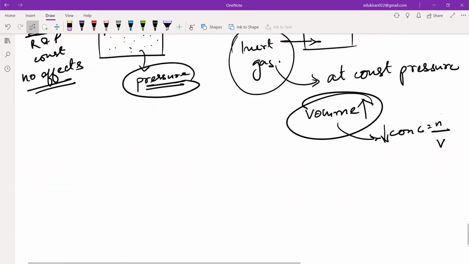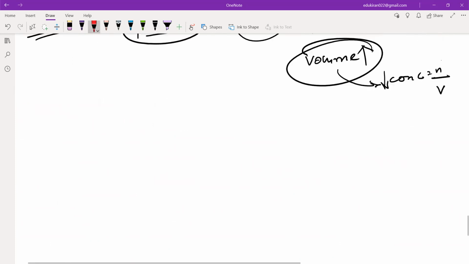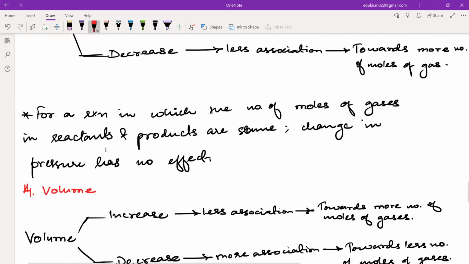Okay, so let us talk about the addition of inert gas. This is the last one, I think the fifth one.